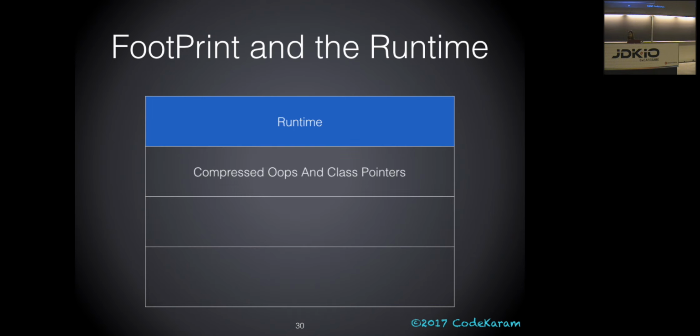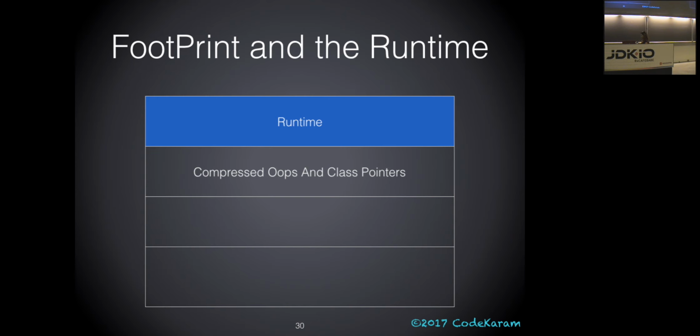What about runtime? I'll talk about compressed oops and class pointers in detail. Actually, I'll have an example of how that happens, if we have time, of course. But the gist of it is, when you have a 64-bit address space and a 64-bit virtual machine, you don't have to use all the 64 bits to address the pointers.